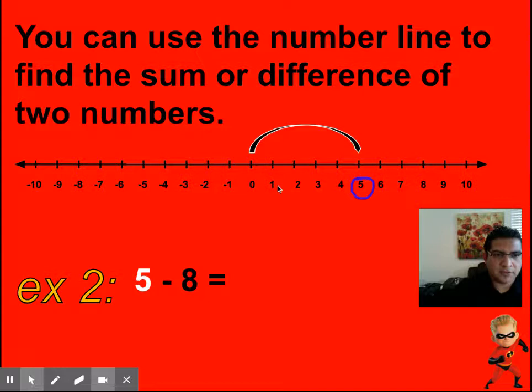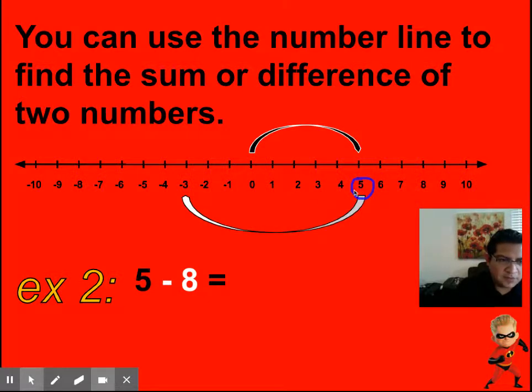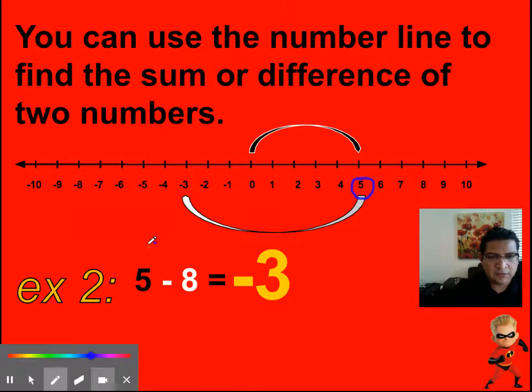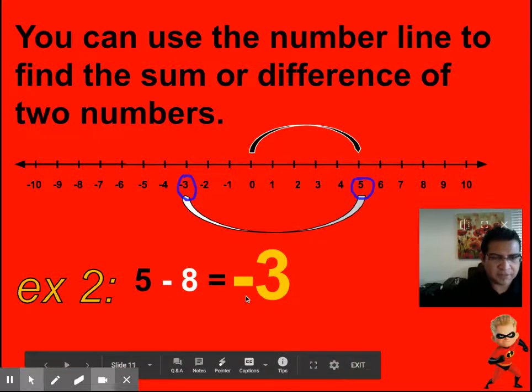So you count 1, 2, 3, 4, 5, 6, 7, 8. So your answer should be negative 3. You went from positive 5, and you went negative 8 units to the left, so your answer ends up at negative 3. Hope you guys are understanding this. Let's go to the next one.